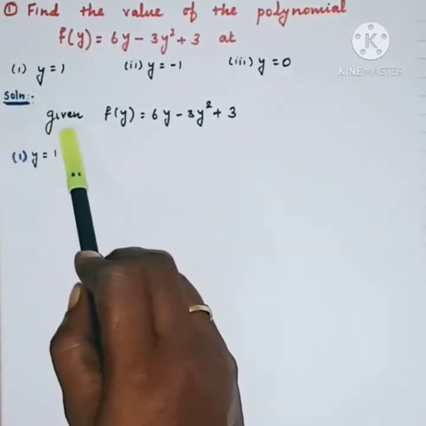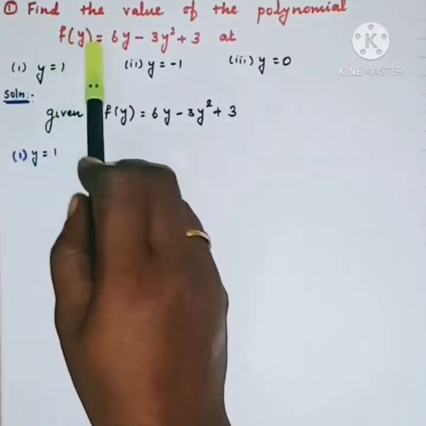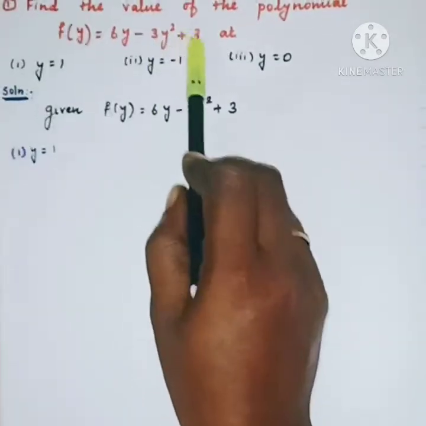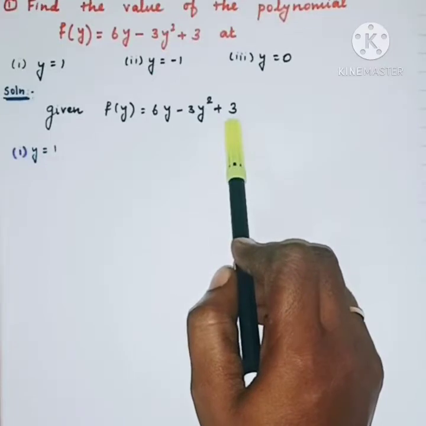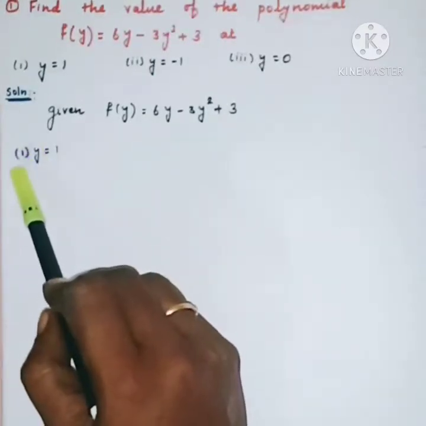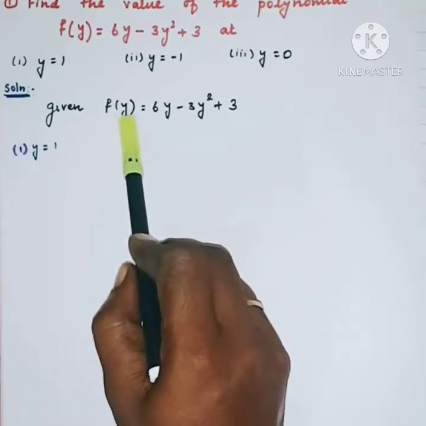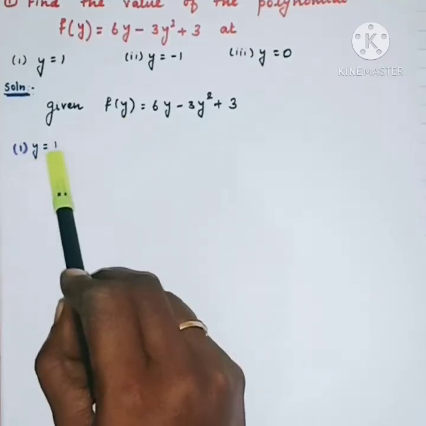Solution: given the polynomial f of y is equal to 6y minus 3y square plus 3. This is given in the sum itself. So the first subdivision is y equal to 1. Instead of y, we have to substitute the value 1.